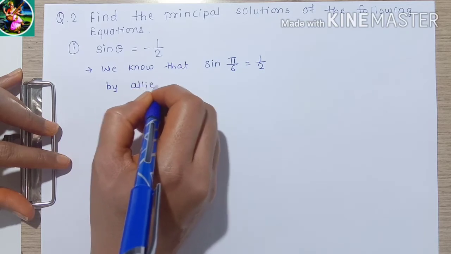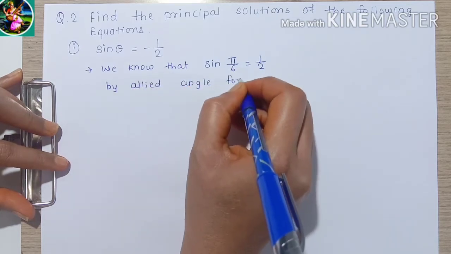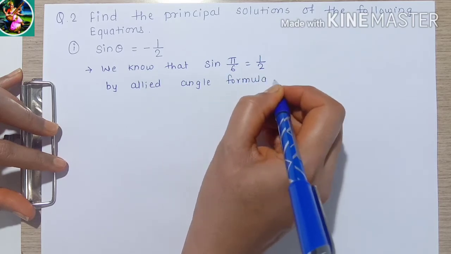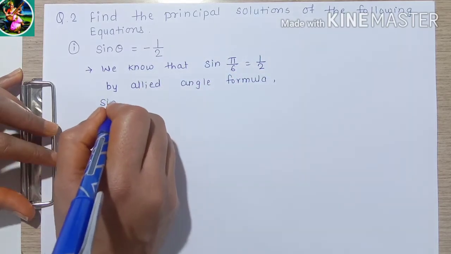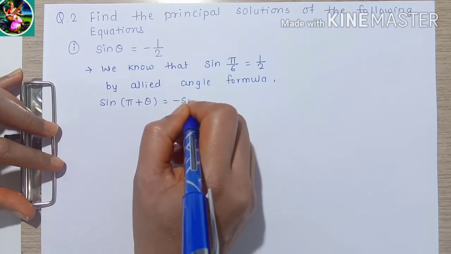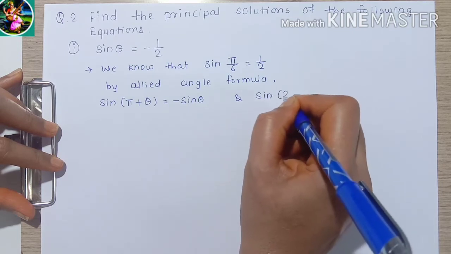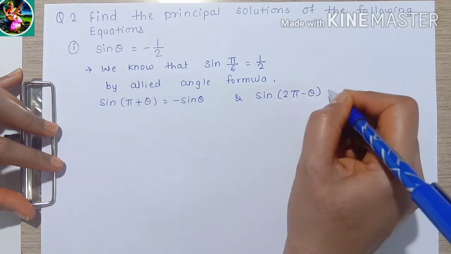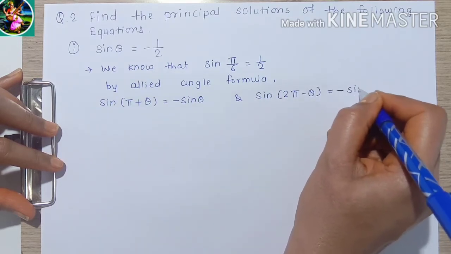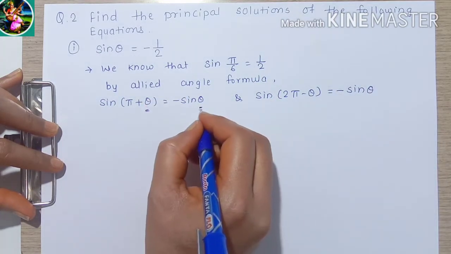By using allied angle formula, sin of pi plus theta is equal to minus sin theta, and sin of 2 pi minus theta is minus sin theta. Here we replace this theta by pi by 6.